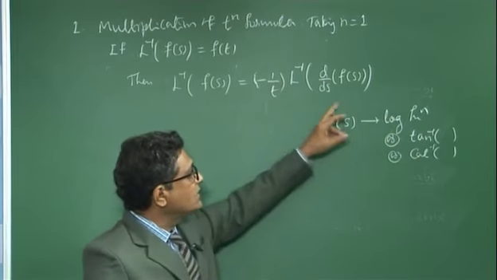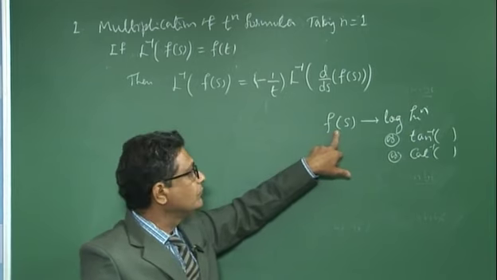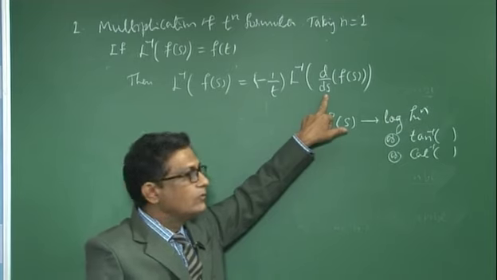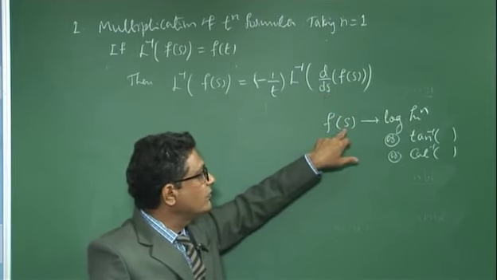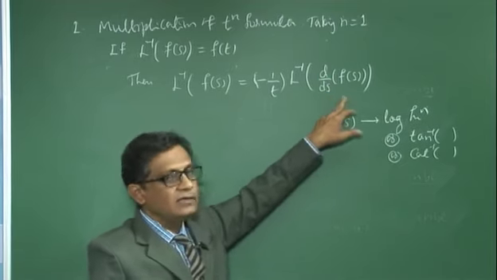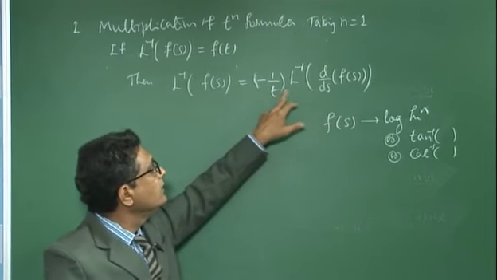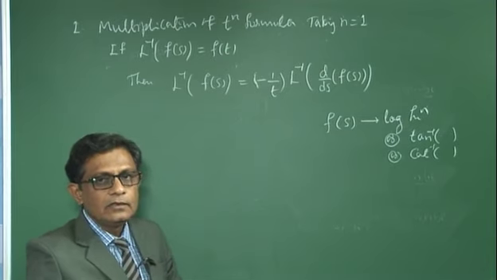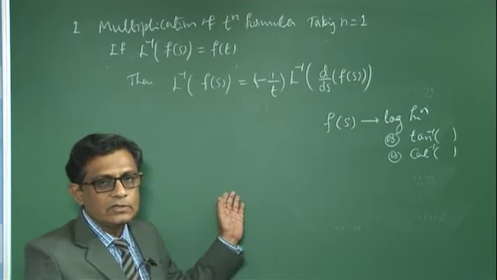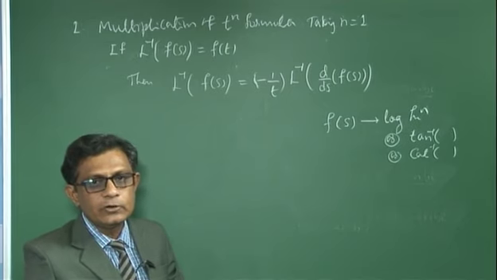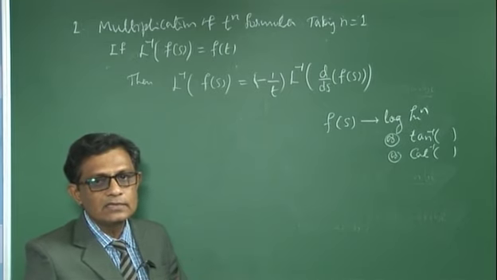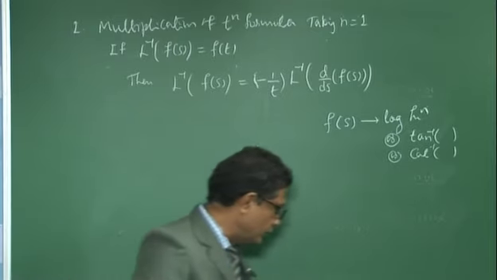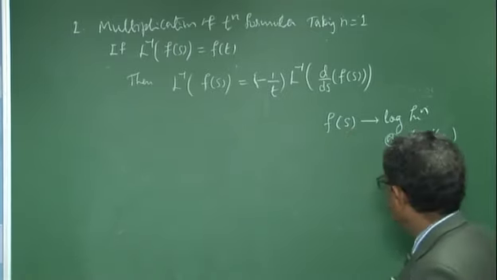First, for a given function you have to find the derivative. Then use this formula, you will get the standard form, and apply the corresponding inverse Laplace transform formula. Yes. Now we will do the examples one by one.